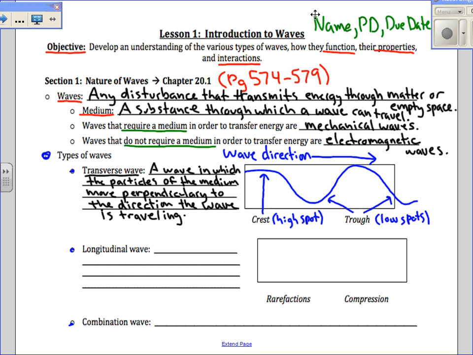Now, a longitudinal wave is a little bit different.